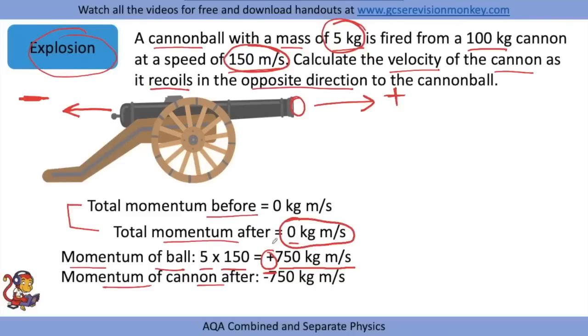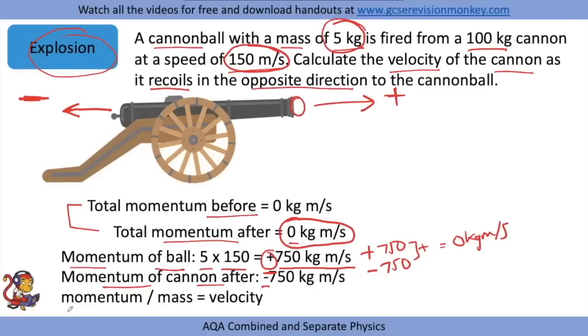And if the ball has gone forward plus 750 kilogram meters per second, then to get to 0, the momentum of the cannon afterwards must be minus 750, because if you add those two together, you get a total momentum afterwards of 0 kilogram meters per second. Okay, so that's how you get to that bit. So we know the momentum of the cannon afterwards is minus 750 kilogram meters per second.